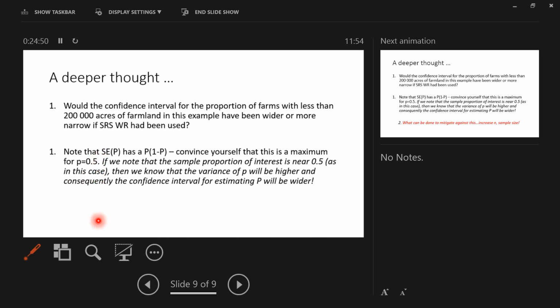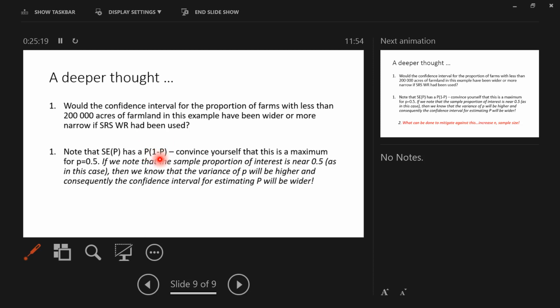The next one, note that the standard error of your proportion has a P and 1 minus P. Have you ever thought about it? Suppose P is a half. It's a half times 1 minus a half, it's a half times a half. What's P times 1 minus P if P is a half? A quarter.